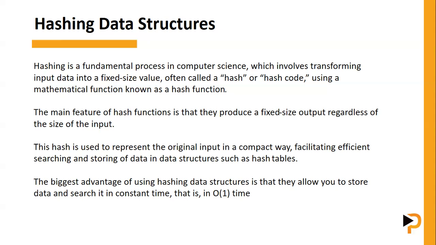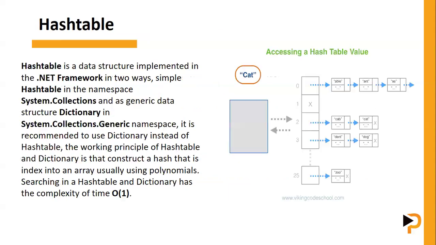Now, the biggest advantage of using a hashing data structure is that it allows you to store data and search it in constant time, which is O(1). Searching is a little bit faster in a hash table because you just have to find out where it is located. Now, what exactly is a hash table?